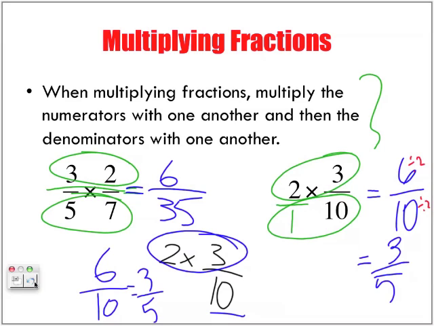But remember, to recap what we were taught yesterday, how do 6 over 10 and 3 over 5 relate to one another? They are equivalent fractions. Very good. They mean the same. If we converted the fraction to a decimal as we did yesterday, dividing the numerator by the denominator, it's exactly the same. That's why we can simplify.